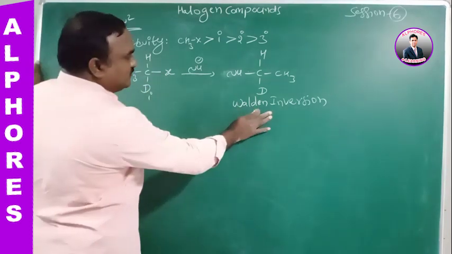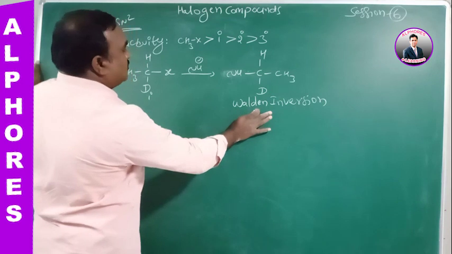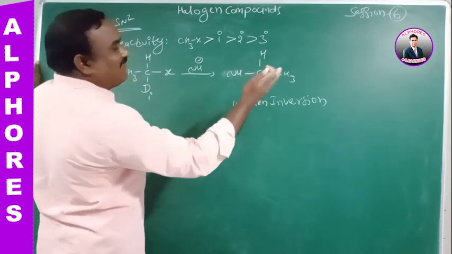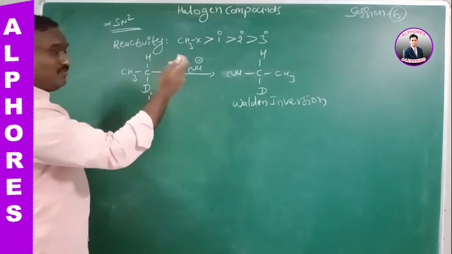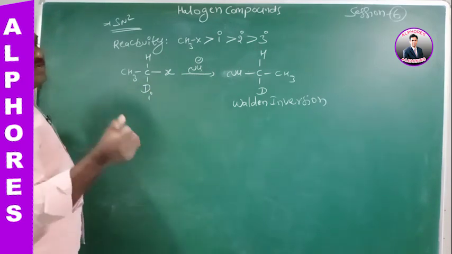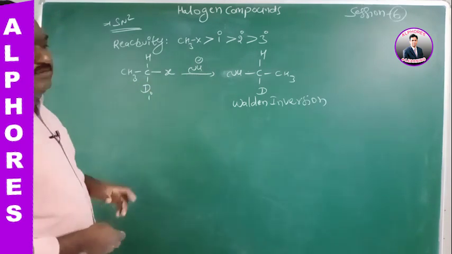Inversion product is formed, but that is not called a Walden inversion product. If a chiral center is there, then we say it is the Walden inversion product.